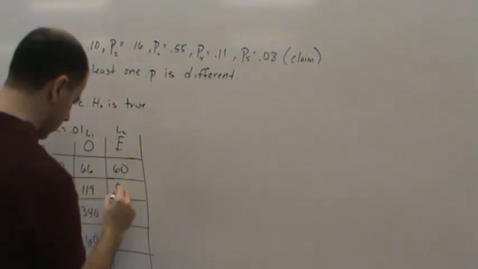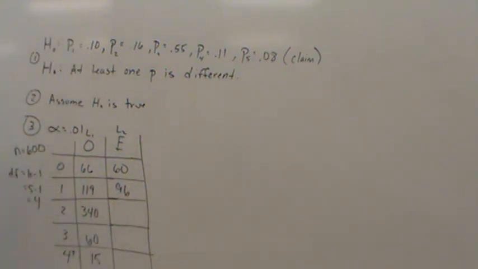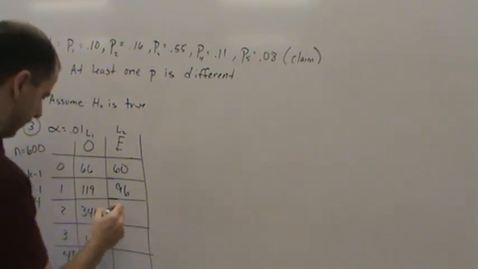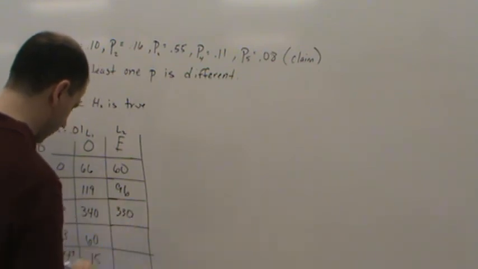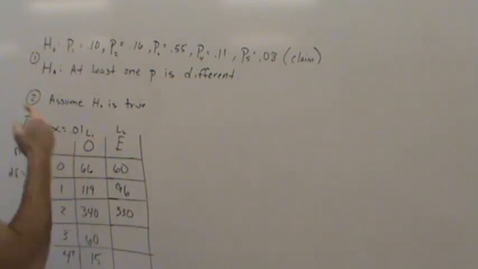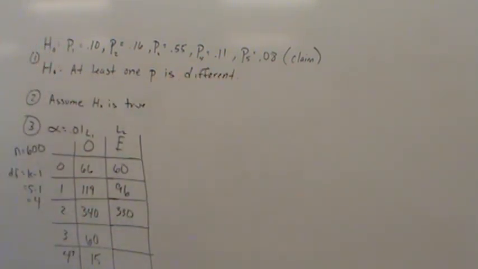So this is 96. And then the next one is 0.55, right? 55%. So if we take 0.55 times 600, I get 330. And then the next one is 11%. So 11% of 600 is 66.